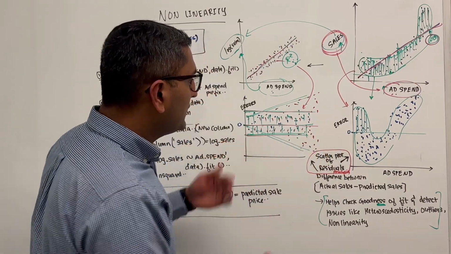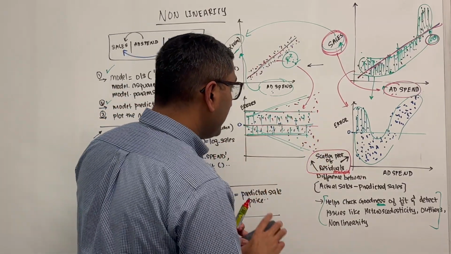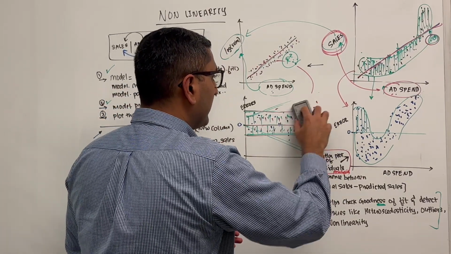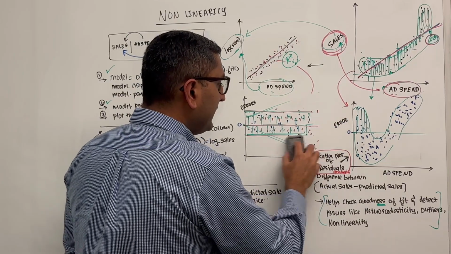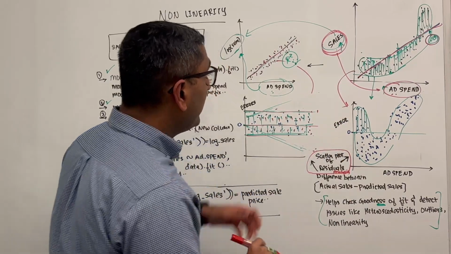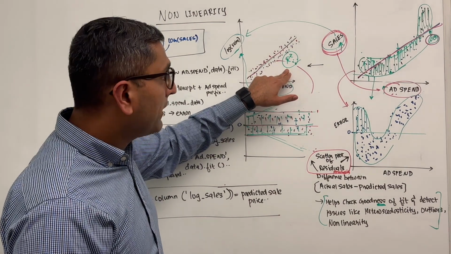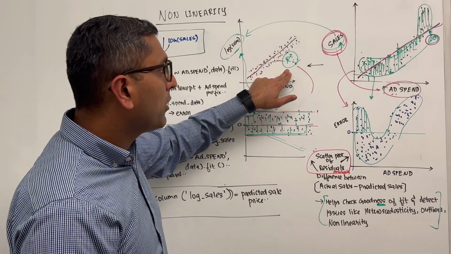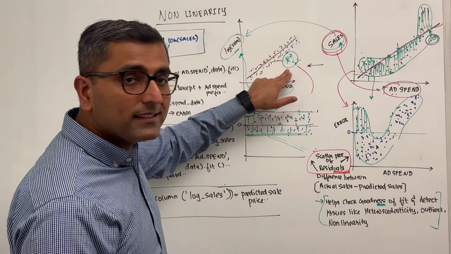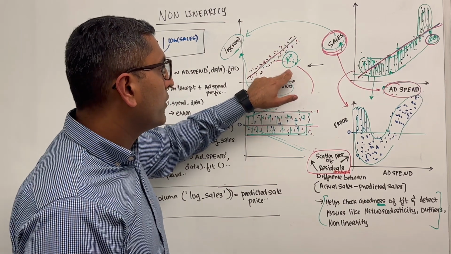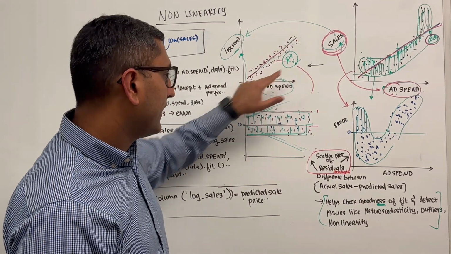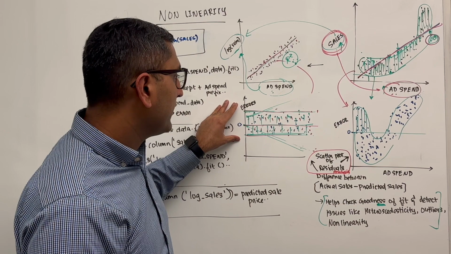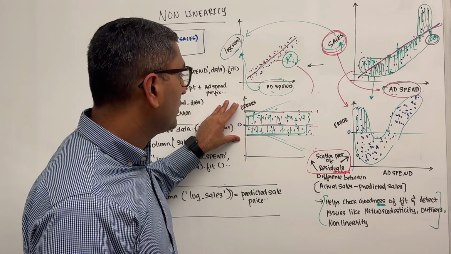So when you see a clear band and you're able to handle the non-linearity by this transformation, then your model R squared is also going to be better, and you will see that the model better fits and explains the variation. If you have better R squared, the model has less variation than a simple model around the mean.